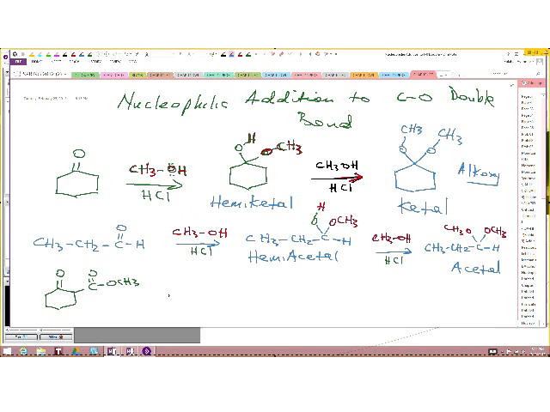And now we take this diol in the presence of acid catalyst. This is ethylene glycol, by the way. That is the same liquid you use for your antifreeze in your car. Okay, you take ethylene glycol in the presence of acid catalyst.